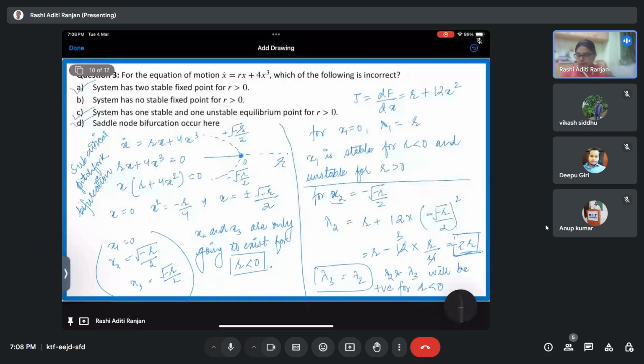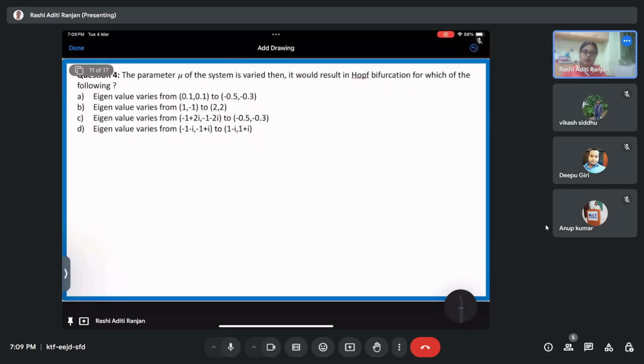Now we'll come to question number 4. Question number 4 says the parameter mu of the system is varied, then it would result in Hopf bifurcation for which of the following? So firstly, we'll come to the concept of what is Hopf bifurcation. If you remember, as it was discussed in the class, Hopf bifurcation is a dynamic bifurcation, right?